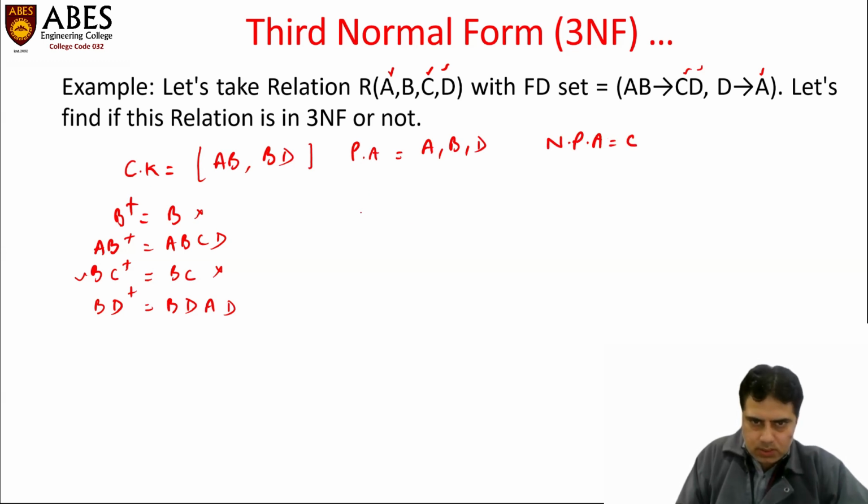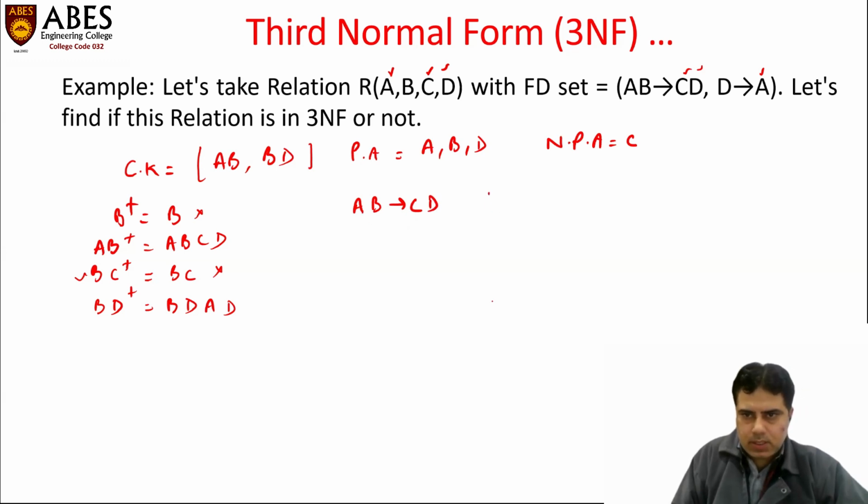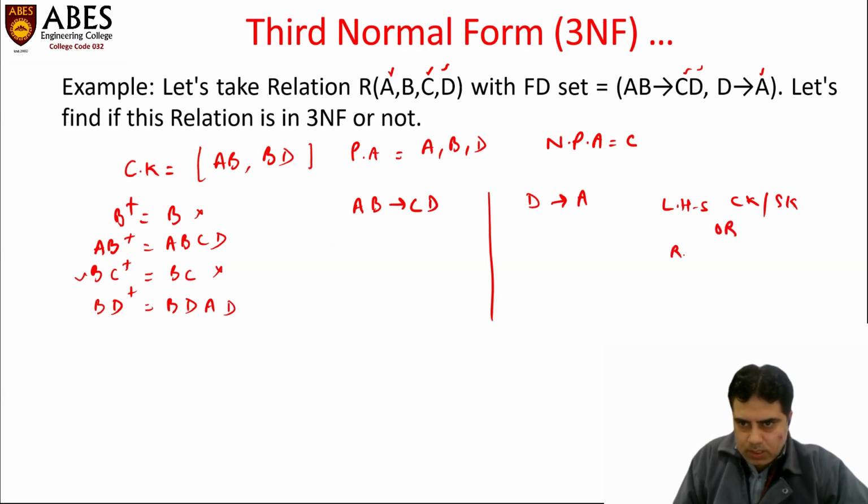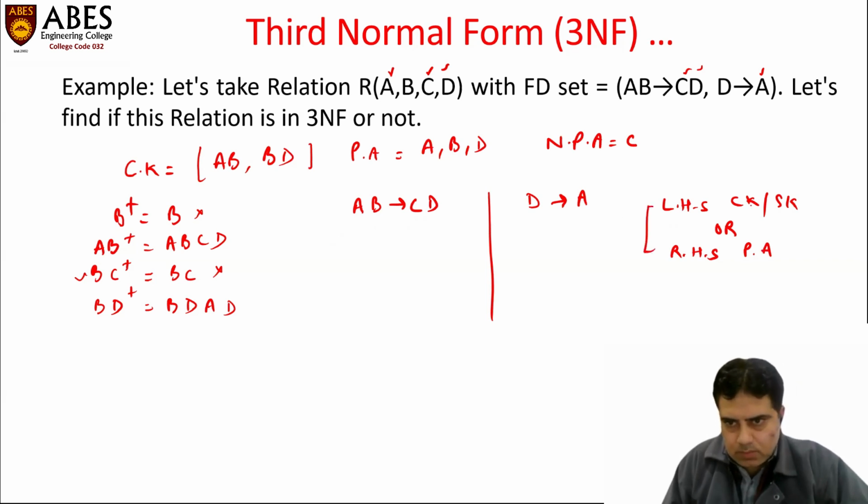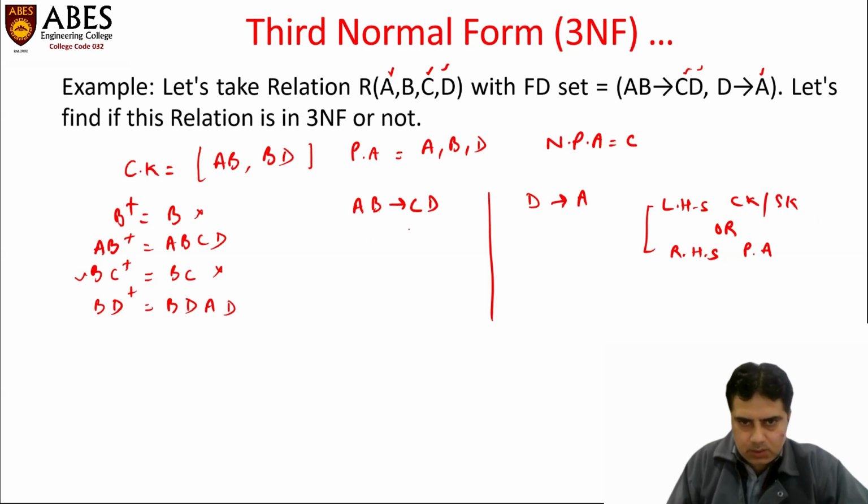Now take the given functional dependencies: AB determines CD and D determines A. Check for 3NF. Left hand side should be a candidate key or super key, or right hand side should be a prime attribute. If one of the two conditions is true, then we can say the given functional dependency is in 3NF.